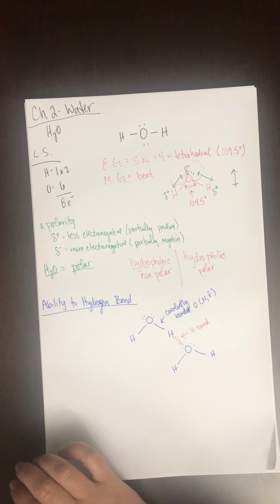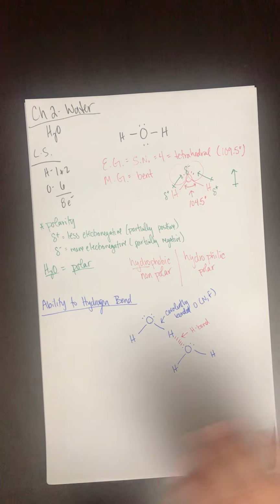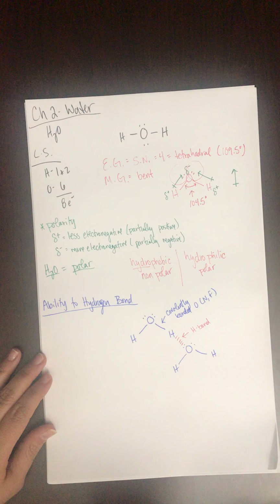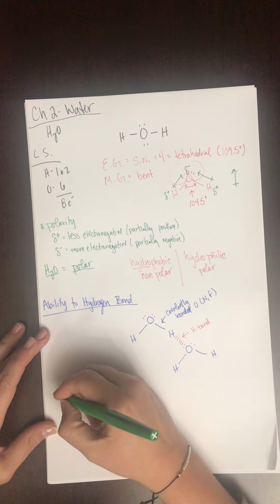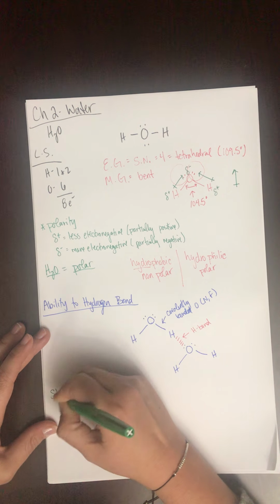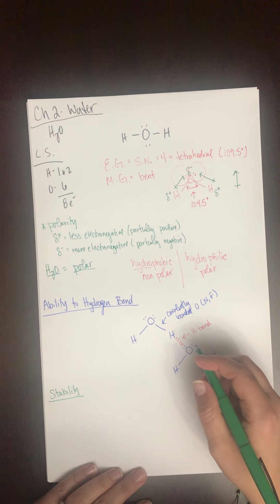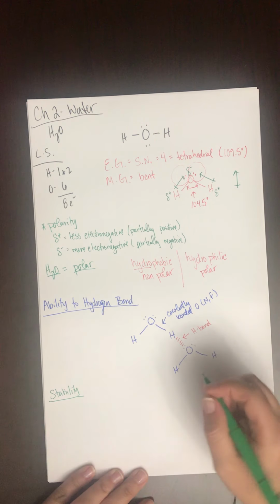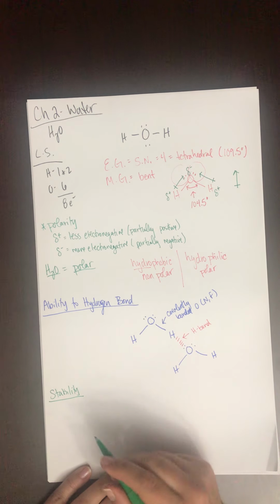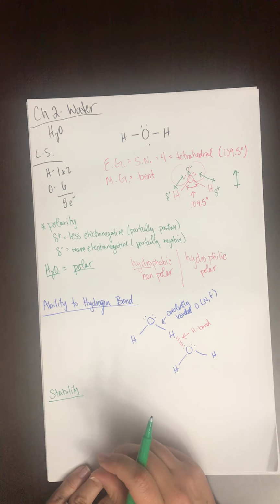So, because of the hydrogen bonding, it causes water to be very stable. And what I mean by being stable is it has a very high specific heat, a very high heat capacity, which means you have to put a lot of energy in to change the temperature of water.